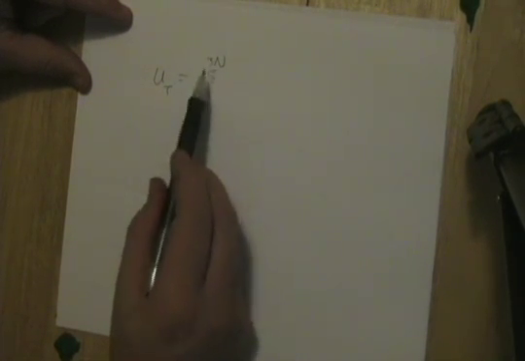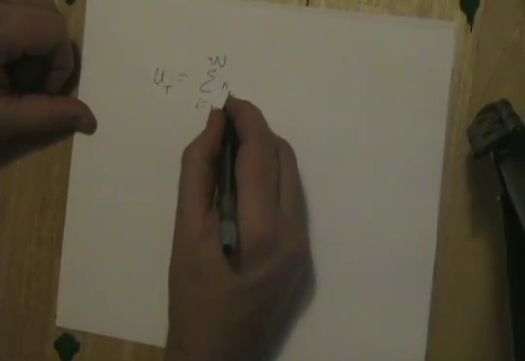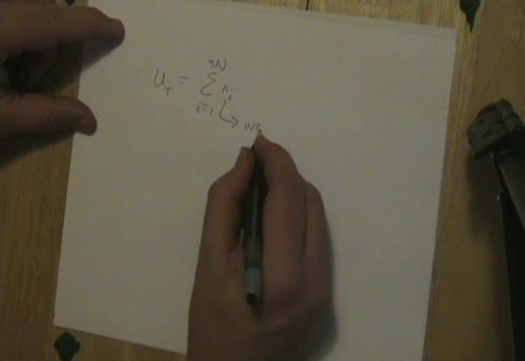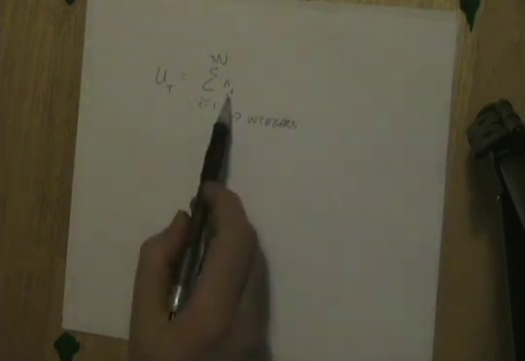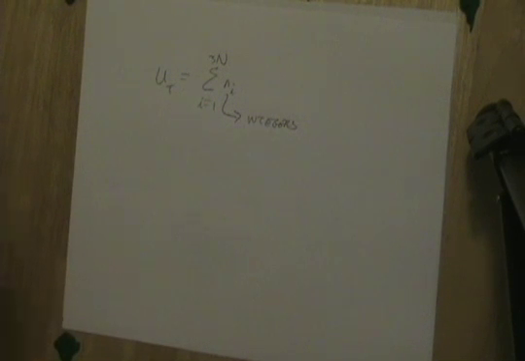Each particle has 3 springs because of the 3 dimensions that it's in. And if epsilon equals 1, I just get n sub i. Again, these are integers. So, how many n sub i's are there? 3N of them. 3 times N integers will completely describe the system.